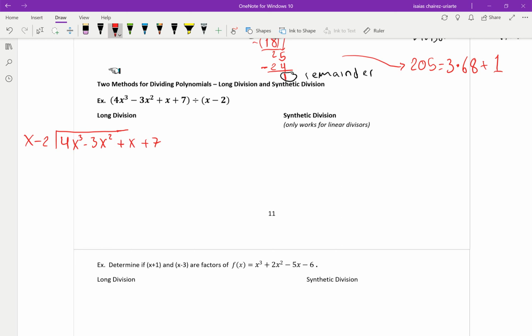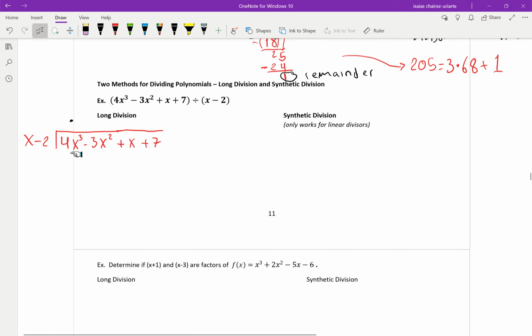I have my dividend inside the little symbol, and I have my divisor outside. Right now I'm going to start thinking about forming the quotient. So the first thing I've got to think is, something times x should give me 4x to the third.